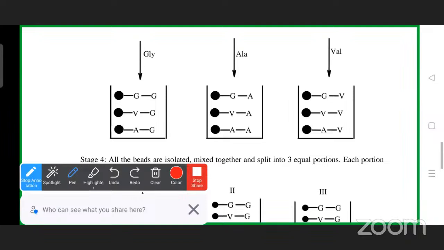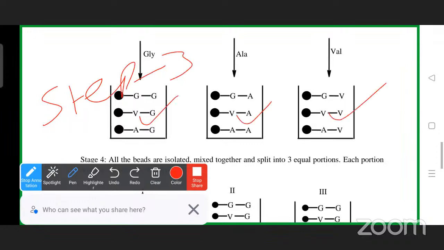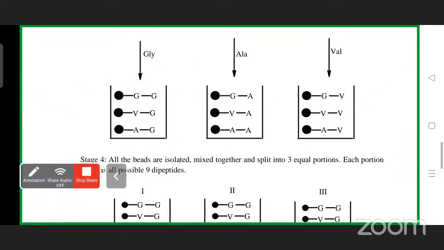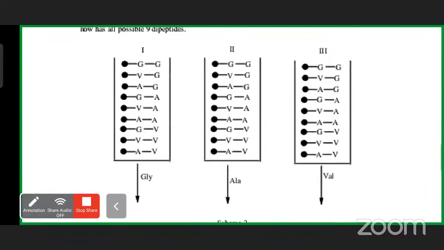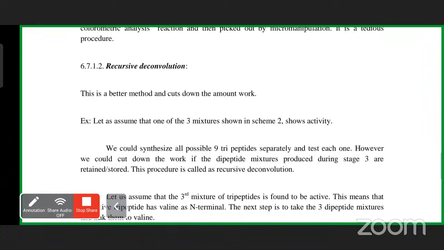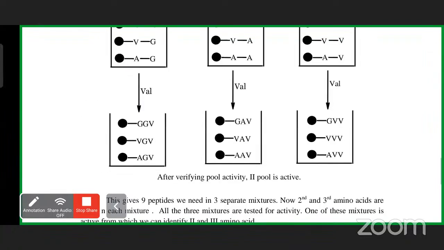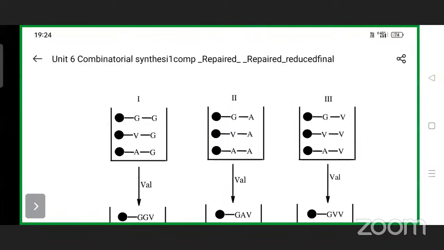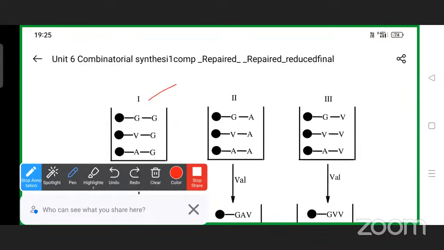So this is your step 3. These third stage products are preserved here.